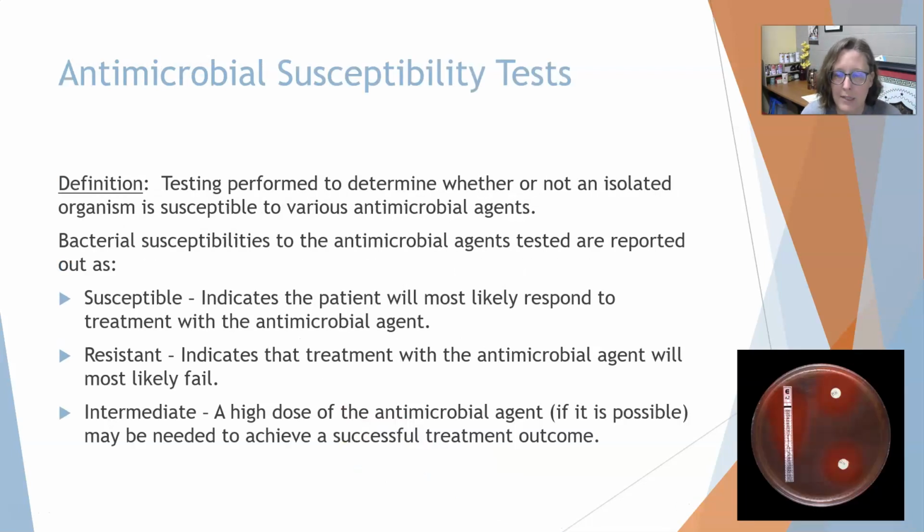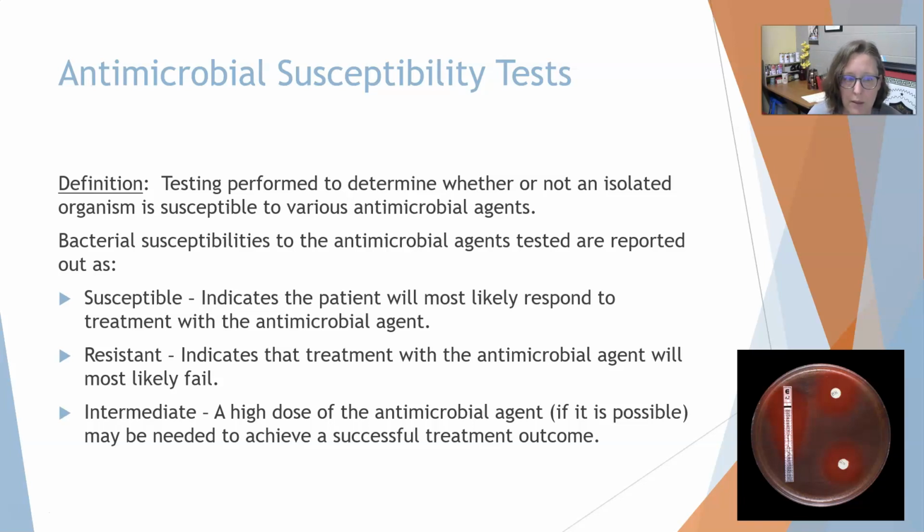And then lastly, usually the biochemical testing is coupled with an antimicrobial susceptibility test. So when we set up the biochemical test, we also set up this. This is testing performed to determine whether or not that particular organism is susceptible to various antimicrobial agents.